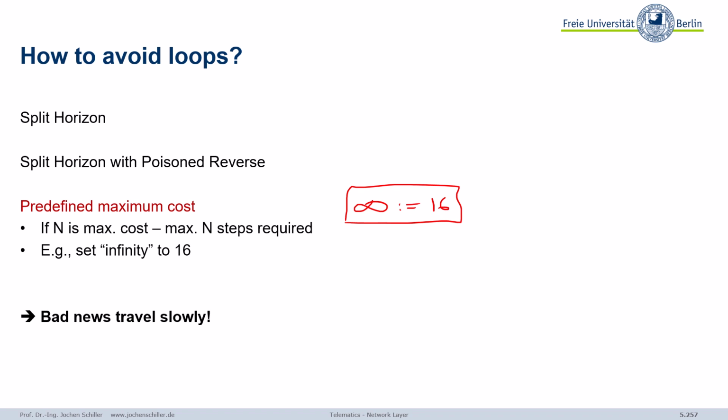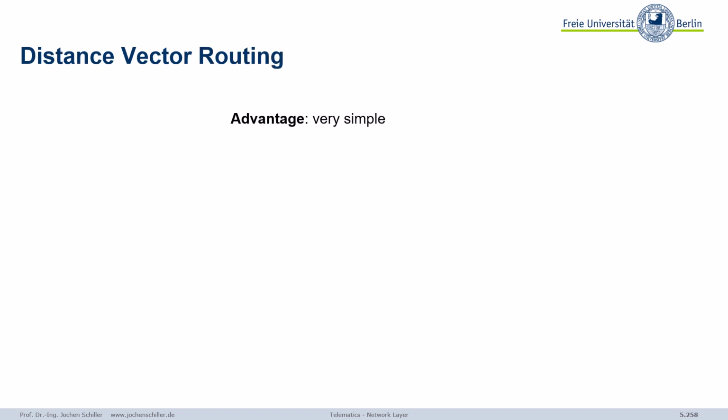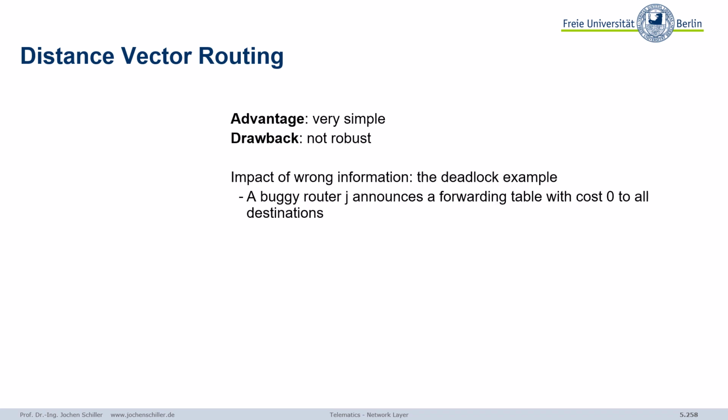So that's the basic idea of distance vector routing. It's very simple. You exchange distances with your neighbors, and they are called vectors, so distance to a certain destination, but it's not robust. And we have a problem that also buggy routers can announce strange things like cost 0 to all destinations.